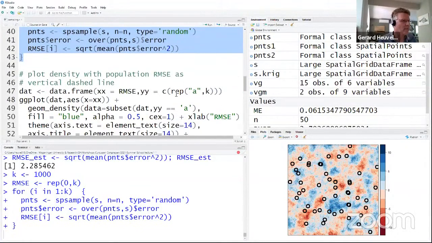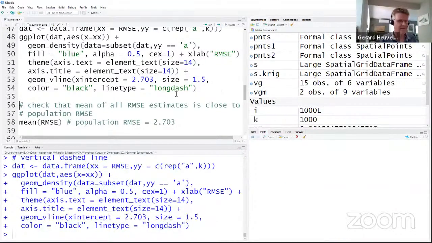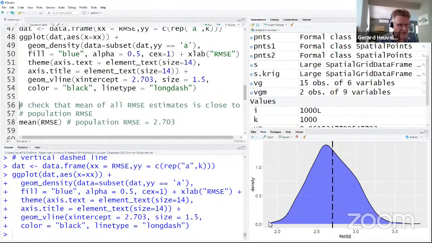And let me then plot a density of the 1,000 estimates that I get. Okay, so this is the distribution of those 1,000 sample root mean square values that are estimates of the true population root mean square error, which is the dashed line over here.